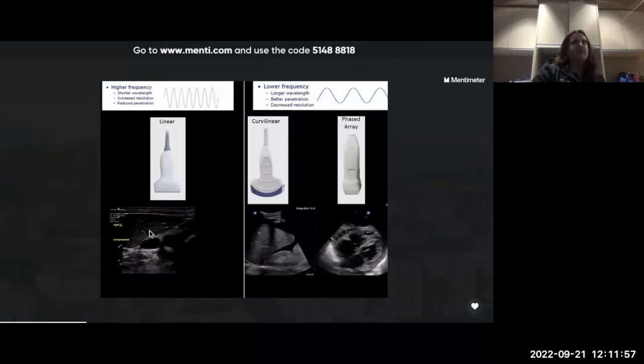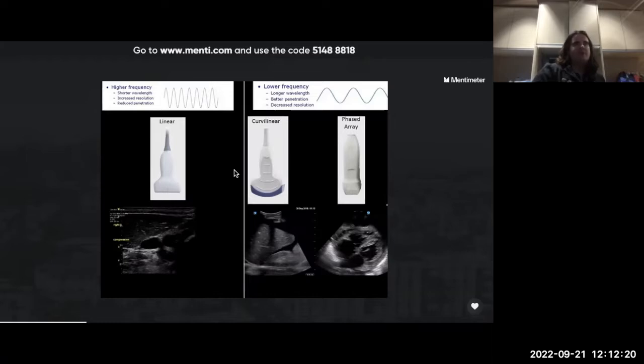And so you just don't get very deep, but you do have a very, very high quality in the near field. Now, lower frequency, longer wavelength, again, peak to peak, better penetration, but decreased resolution. So you get deeper, like in the liver here, for example, or in the heart, but you have decreased resolution. Okay, so that's again a key principle.